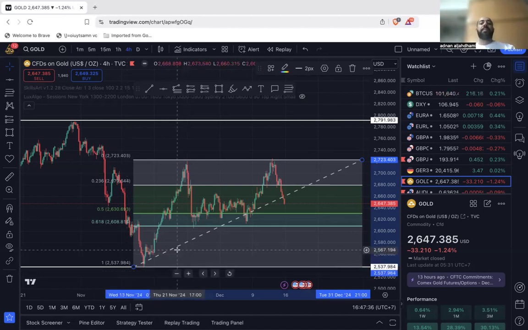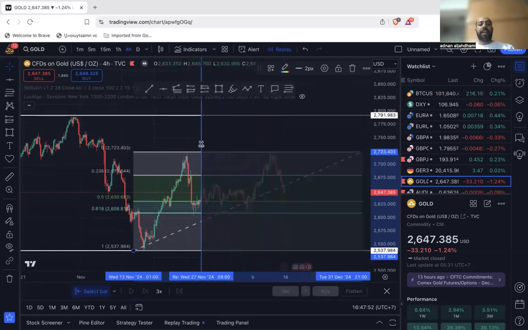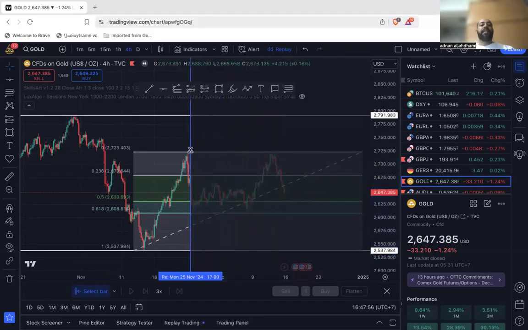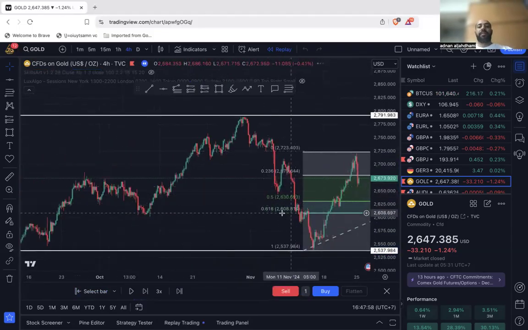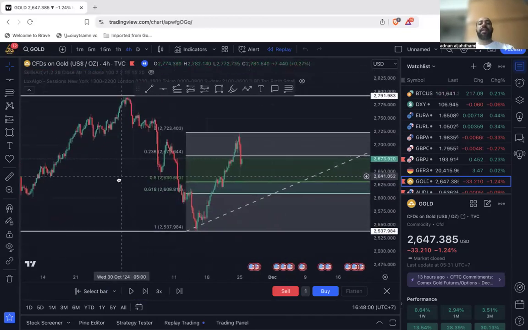In this example, here, this is a fresh example from the latest price action movement, from last week. You can see the price is just here, and then you see what happened here.